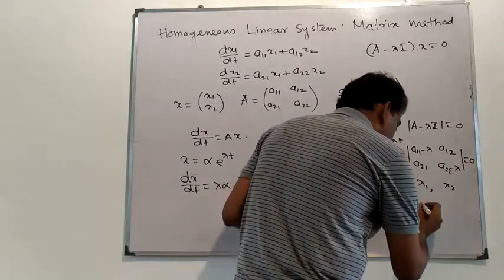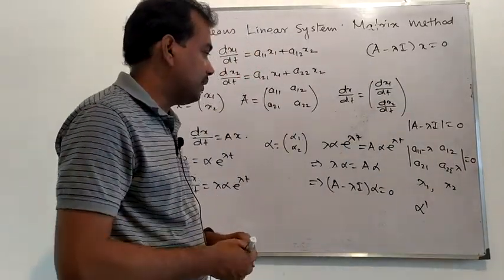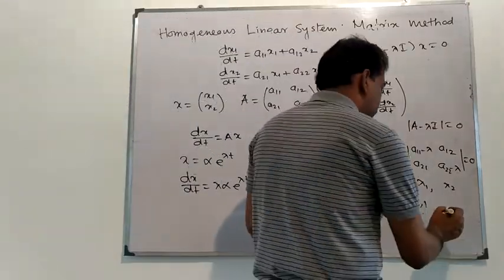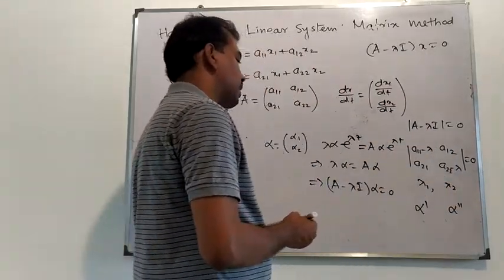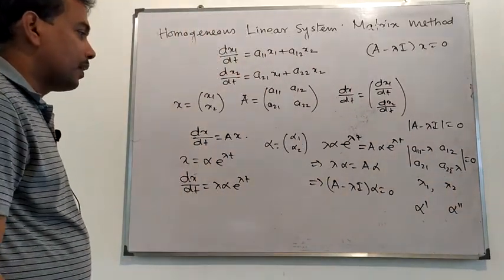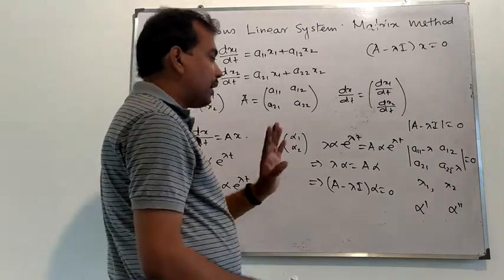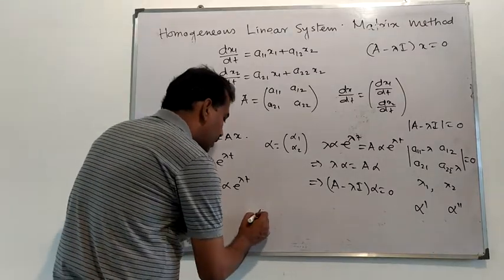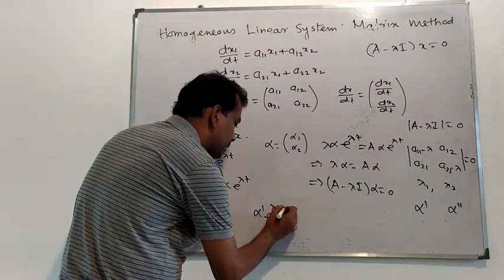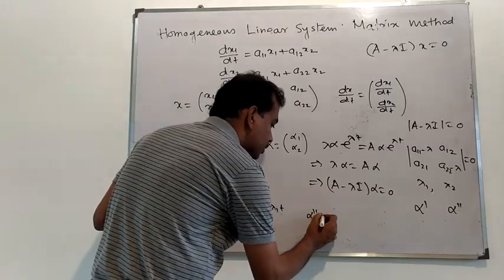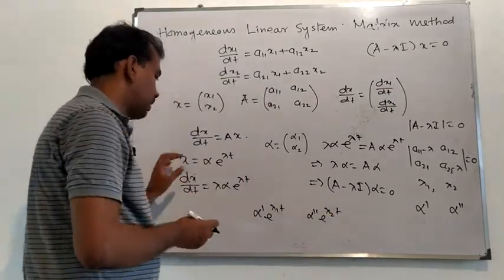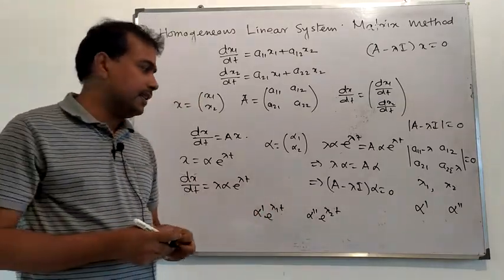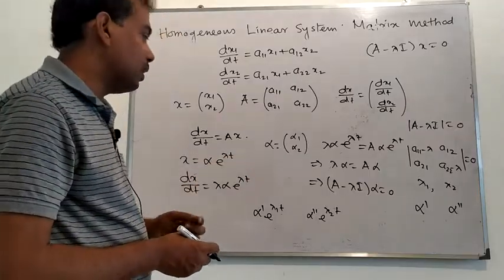If the non-zero solution is alpha dash, then alpha dash is called the eigenvector corresponding to lambda 1, and suppose alpha double dash is the eigenvector corresponding to lambda 2. If lambda 1 and lambda 2 are distinct, may be real or may be complex, then alpha dash e to the power lambda 1 t and alpha double dash e to the power lambda 2 t, that is the corresponding values of x, must be linearly independent when lambda 1 is not equal to lambda 2.